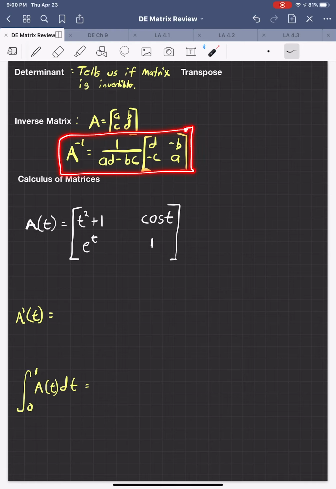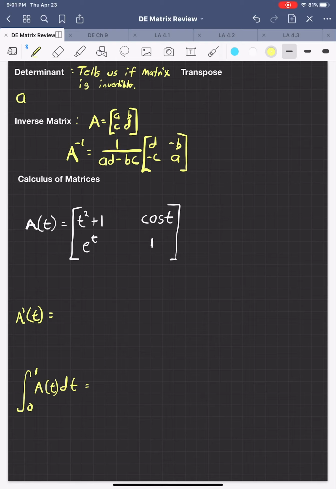Now, the way that the determinant can help you figure out if the matrix has an inverse is notice that this portion right here, A times D minus B times C, cannot be 0, right? Because you would be dividing by 0 at that point. So it's really the determinant that's multiplied to this matrix here.